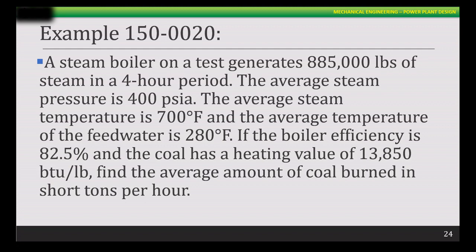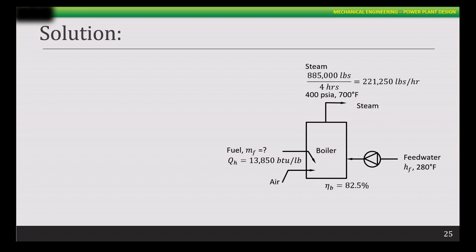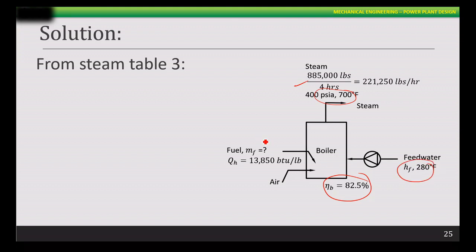This is an old problem, but it still holds and you can still get the idea. We have the steam rate and the conditions: boiler efficiency, feed water at 280 degrees Fahrenheit, and the heating value of the fuel.